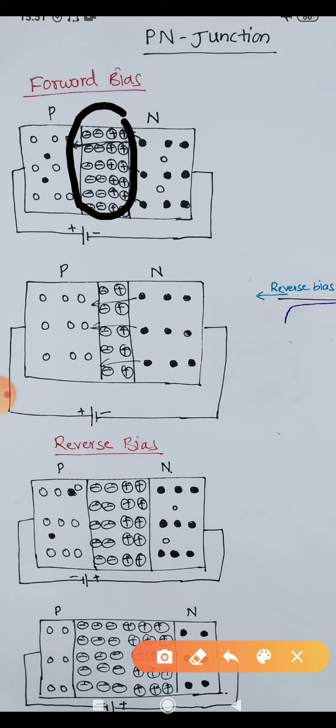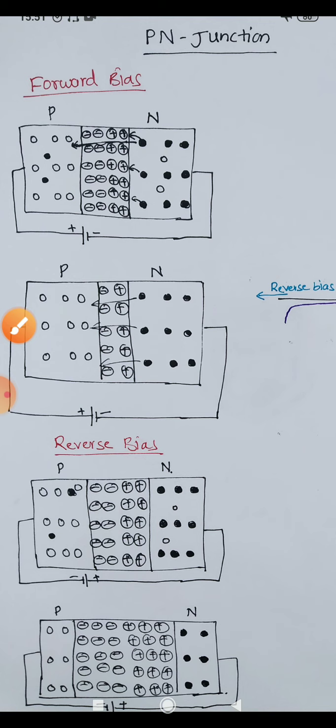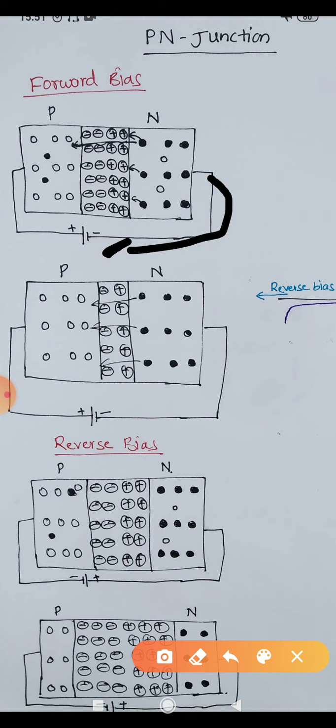But when the PN junction is forward biased, then these electrons are accelerated or gain more energy because they are connected to the negative terminal of the battery, and it pushes more number of electrons. Then the electrons immediately join with positive atoms. This is called electron atom neutralization.